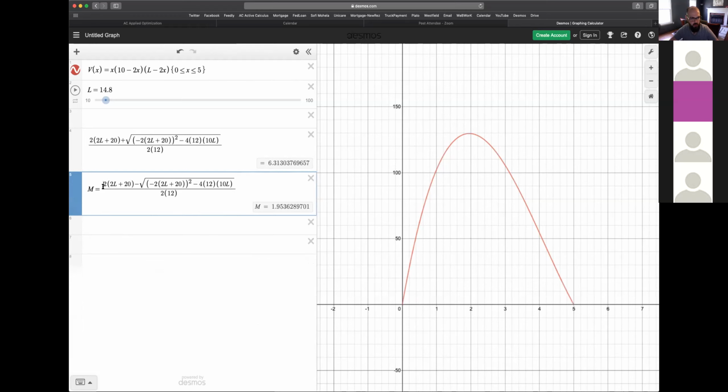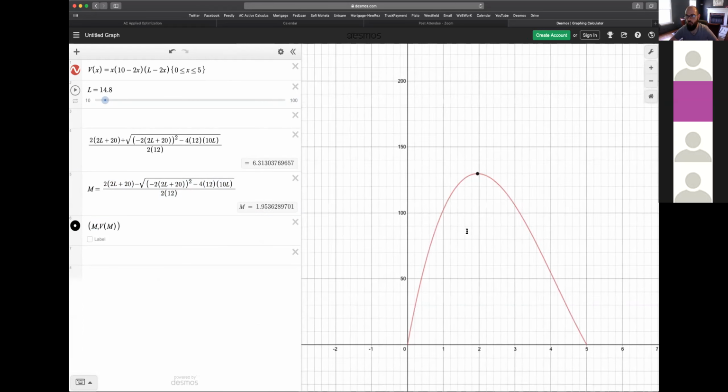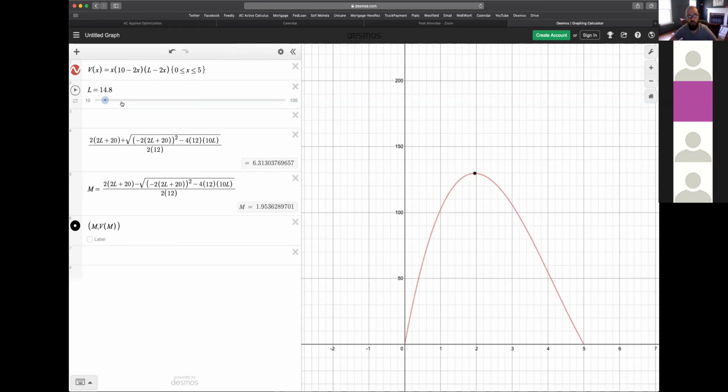So this value right here, M, you can see that it depends on the length of my paper. If I change my parameter L, the length of the paper, my maximum appears to always occur at this number right here. So I've solved this problem without actually knowing what the length of the paper is.